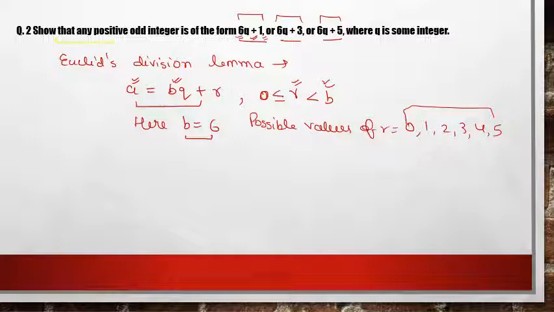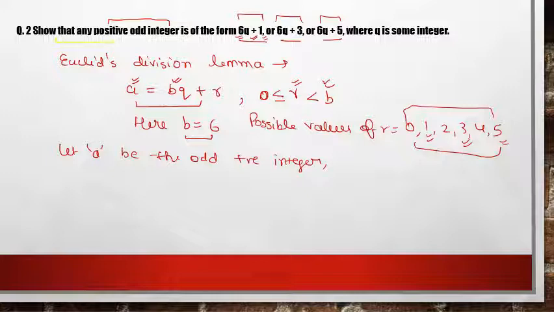The keyword is that you have to show any positive odd integer. So if you assume let a be that odd positive integer, then how many of these are odd numbers? 1, 3 and 5, which are not divisible by 2, right?